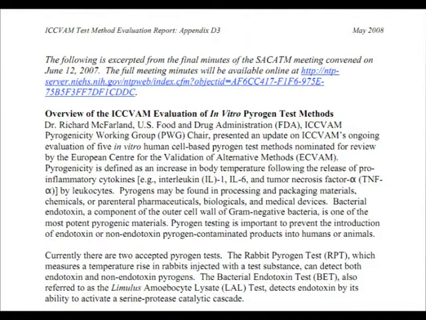The rabbit pyrogen test, which measures a temperature rise in rabbits injected with a test substance. This test can detect both endotoxin and non-endotoxin pyrogens.